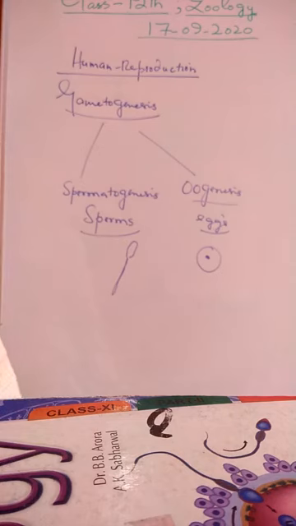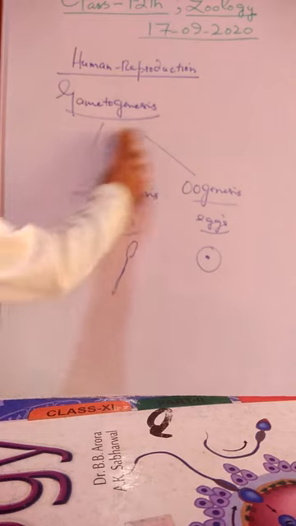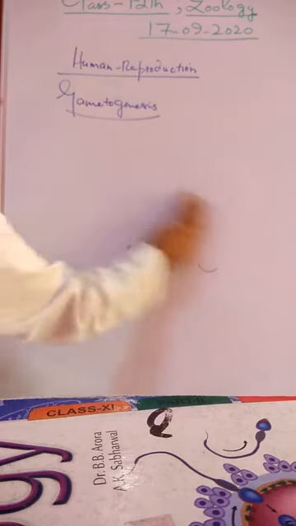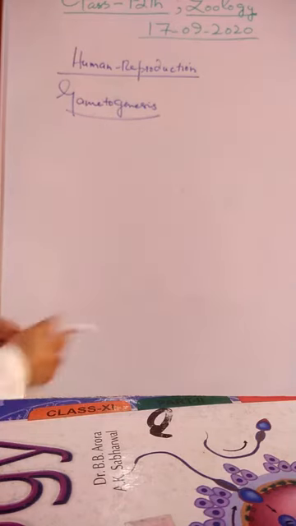So far as spermatogenesis is concerned, it is the formation of haploid, microscopic and functional male gametes, spermatozoa, from the diploid reproductive cells, spermatogonia, present in the testes of the male organism.